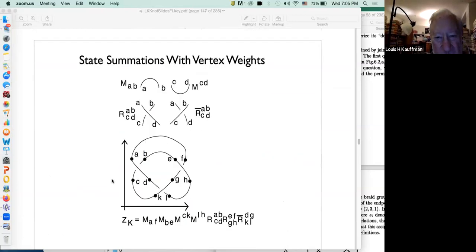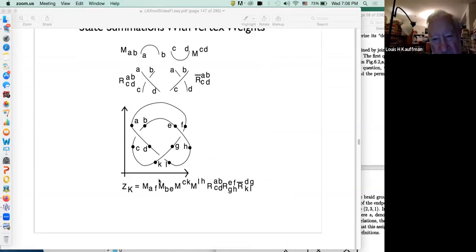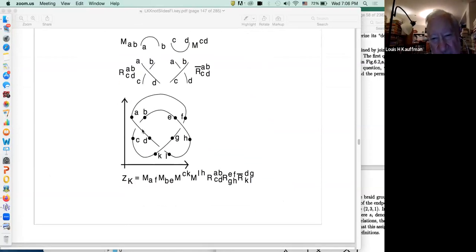And then you have matrices, you see, for each of these. There would be an R matrix, an R bar matrix, the inverse. There would be a cap matrix and a cup matrix. And then if you divided your knot diagram up into those interactions, here's the creation of C and K, the interaction of C and D to produce A and B, and so on.